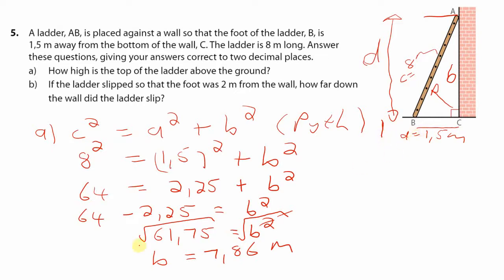So this whole distance is now not 1,5 meter, but rather 2 meter. Basically the triangle just expanded a bit so that this base, which is opposite A, is now 2 meter.